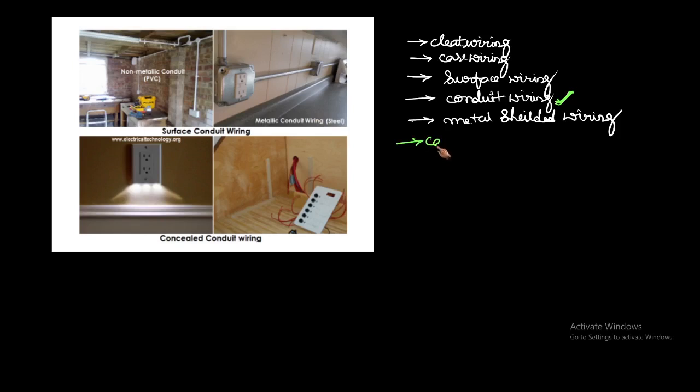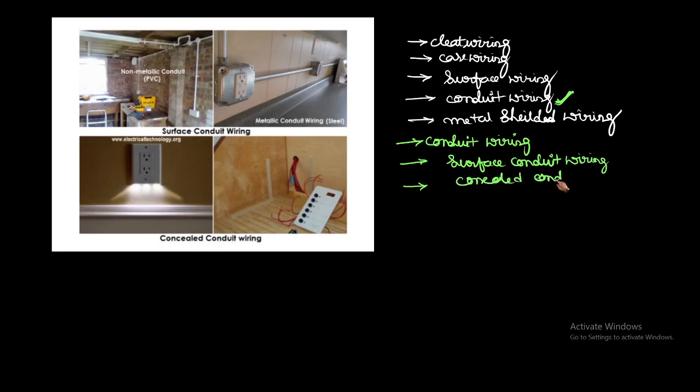Let us see the meaning of the conduit wiring system and the different methods. In conduit wiring we have two types: surface conduit wiring and concealed conduit wiring.